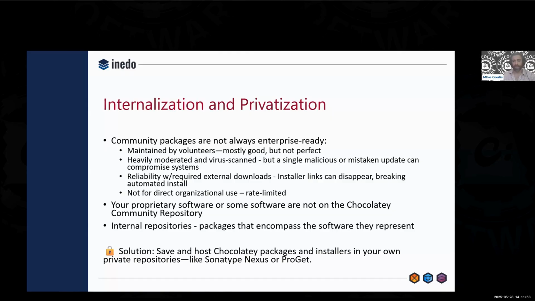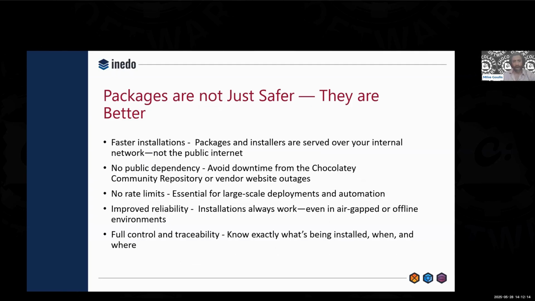Obviously, that lets you curate what's allowed, prevent tampering, and keep things working even if the internet is down or the vendor changes their site. So, both of these are foundational steps to use Chocolatey safely and effectively at scale for, again, some of those enterprise level installations.